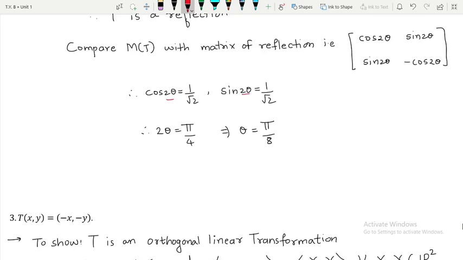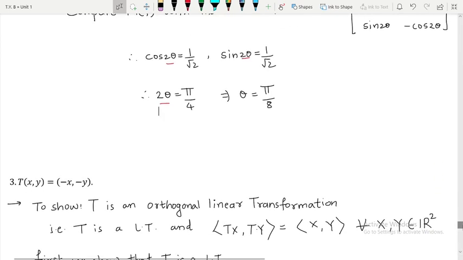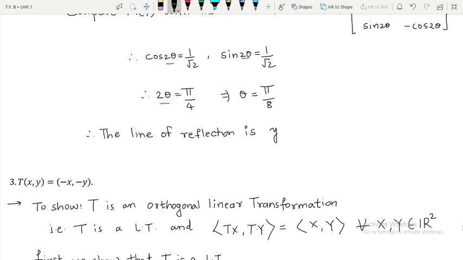So once we get theta, we can tell the line of reflection. Therefore the line of reflection is y is equal to tan of pi by 8 times x. Okay, so that is our line of reflection.